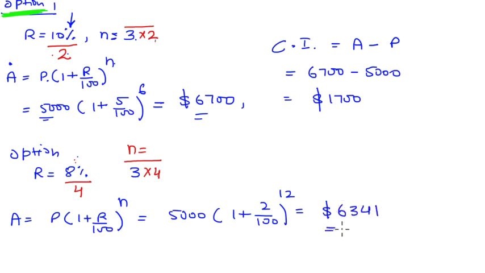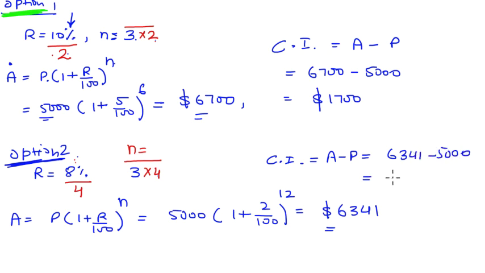Now this is the total amount paid back, and just like what we calculated previously, the compound interest in option 2 is equal to the total amount paid back minus the principal sum borrowed, which is 6,341 minus 5,000, and that is equal to $1,341.